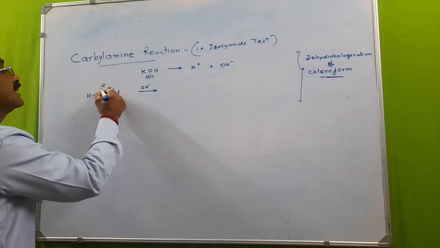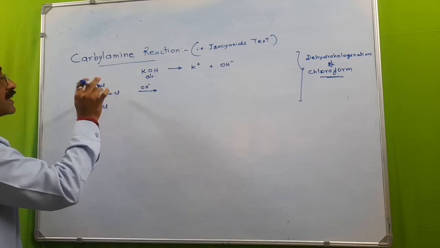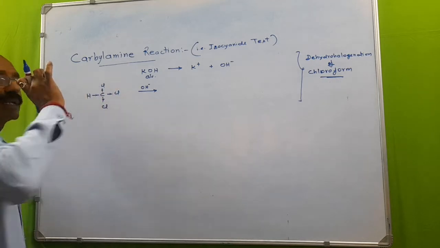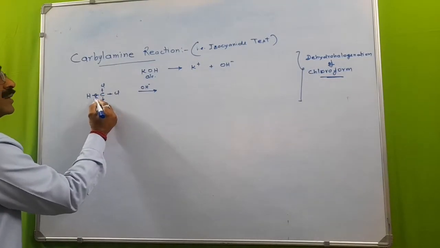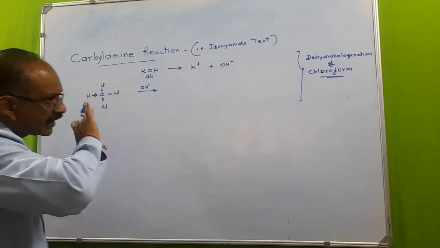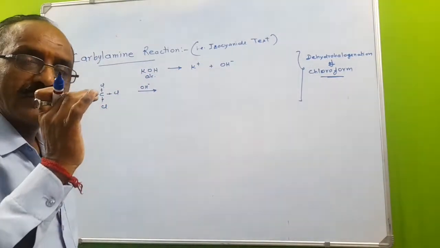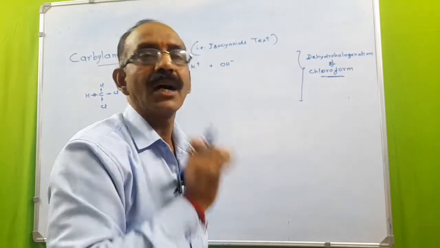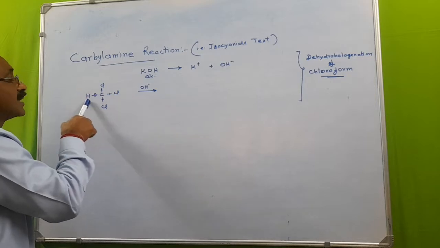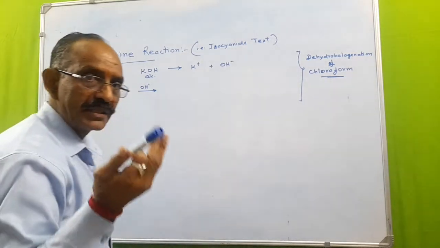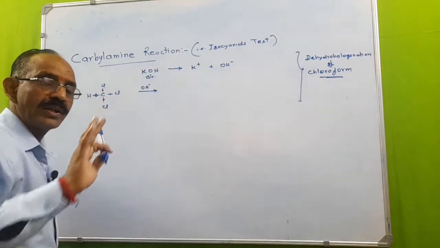But due to the presence of 3 electron-withdrawing Cl over the same carbon, this carbon gets slightly electropositive, and as a result the shared pair of electrons remains tilted towards the carbon, and the CH bond, which was expected to be non-polar, gets polarized. And now in order to remove this H in the form of H plus, alkali OH minus is required, and that's why alcoholic KOH is taken.